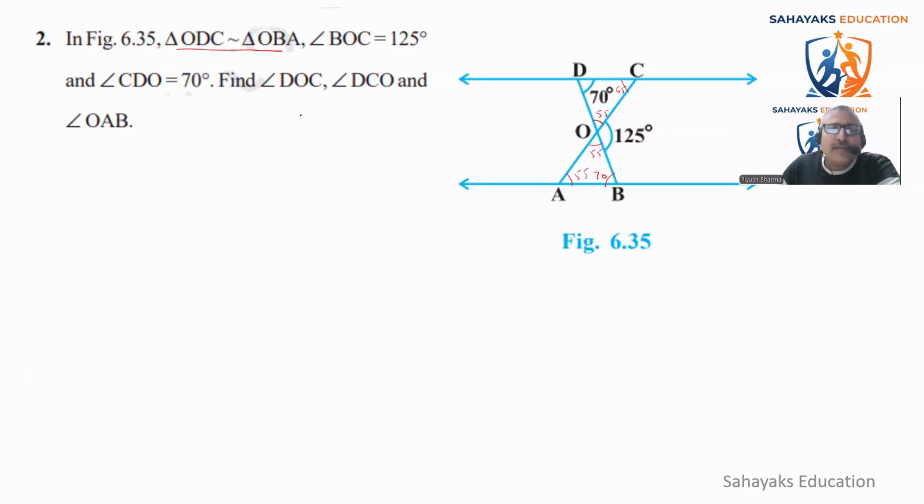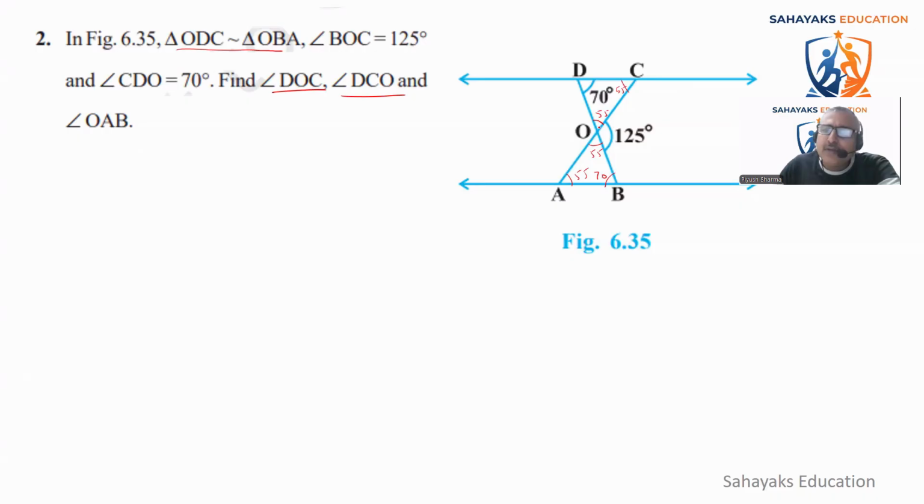Now we have to find angle DOC. We could have found DOC without similar triangles also. The sum of the two angles should be 180. DOB is the complete angle, 180 minus 125. This is what you would find out. Angle DCO, that is also 55. 55, 55, 110 and then 70.